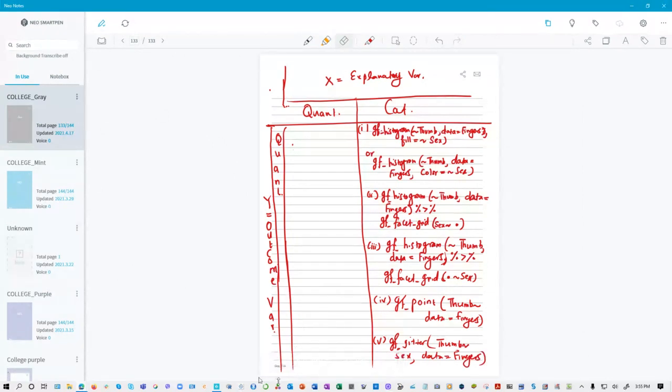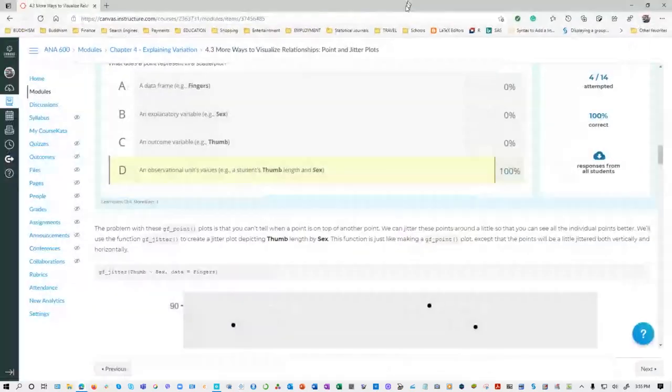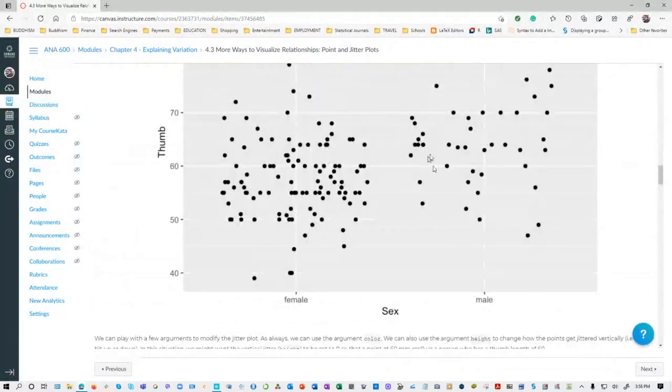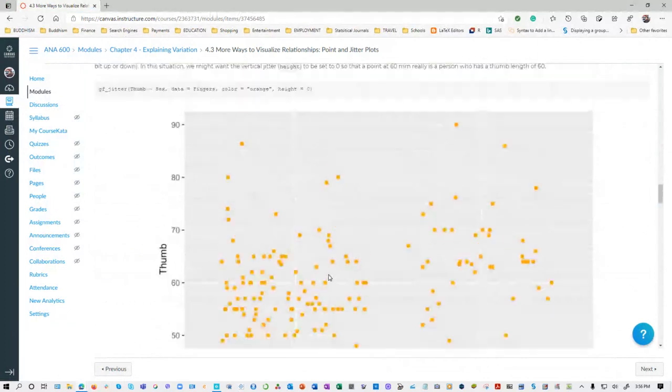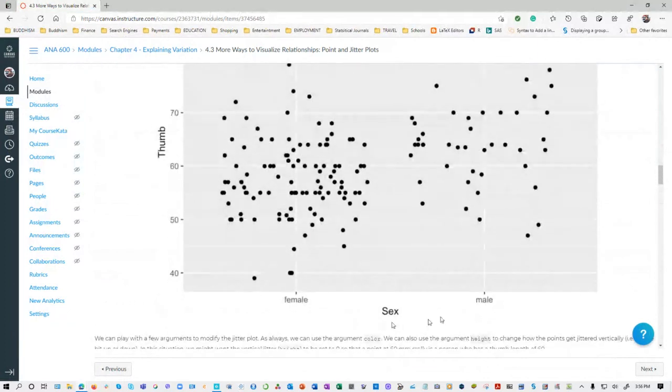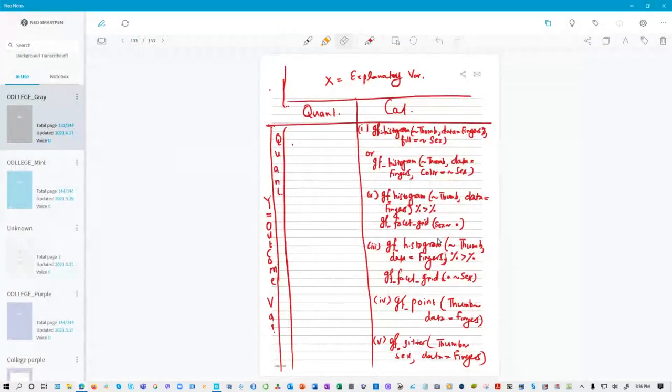That's how you're going to get this guy. Changing the color and everything is a different thing. It's scattered over male and female, so the thumb length is going to go to y. Okay, number 5.